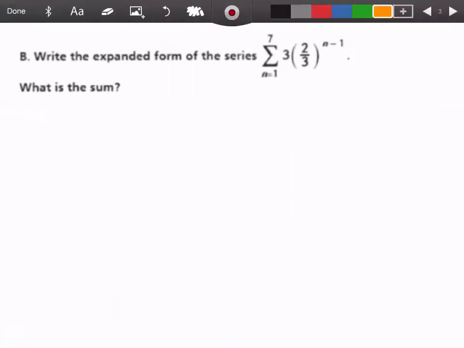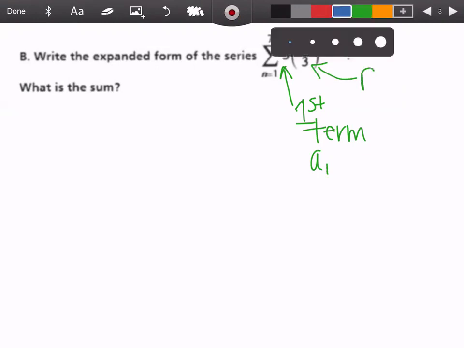And then we have our first term, which is a sub 1, and then our common ratio, which is r. So expanded form, we're going to write that down here.